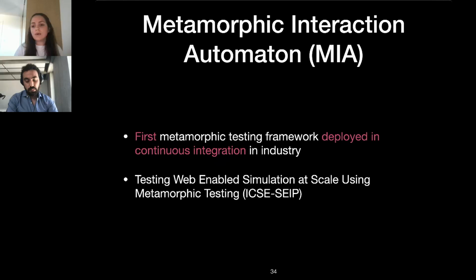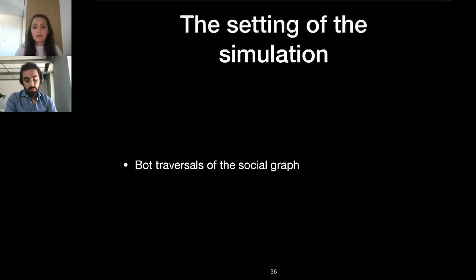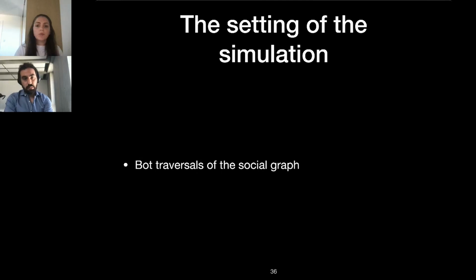In the next part of this presentation, I'm going to go into a little bit more detail about the setting of the simulation that we have in this paper, and also the different metamorphic relations that we have to test the simulation. So first, the setting of the simulation. As Mark described, a simulation can simply be a bot traversing the social graph.